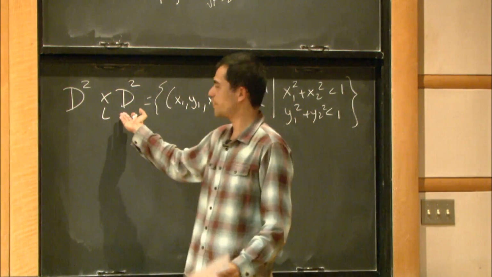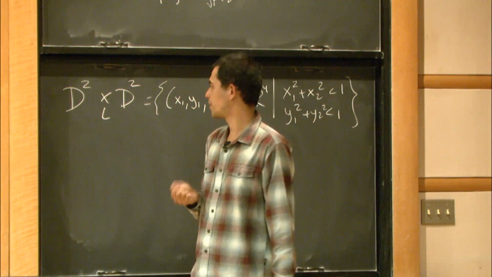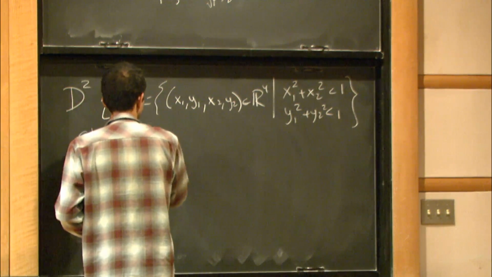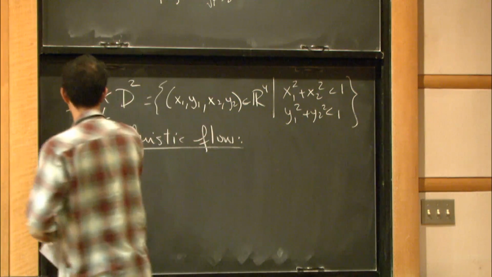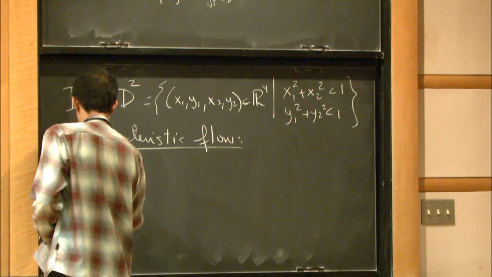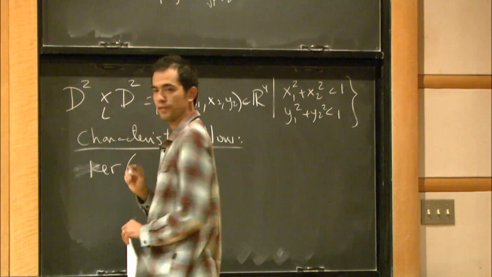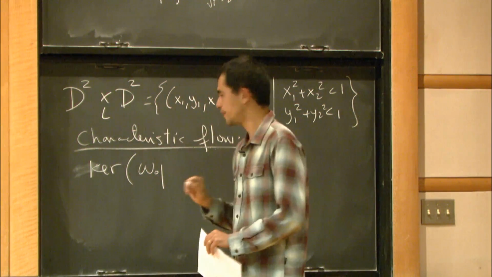So one thing we can do is look at the characteristic flow on the boundary of this. What's the characteristic flow? It's given by a generator of the characteristic foliation, which is the kernel of the symplectic form restricted to the boundary.